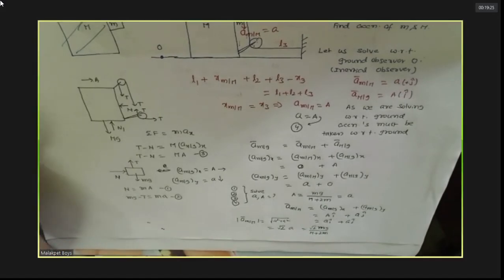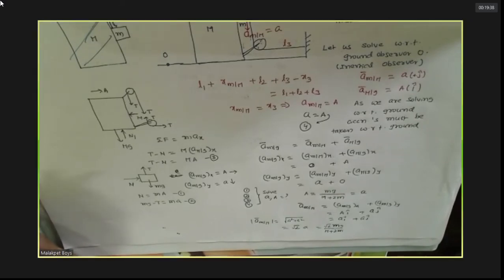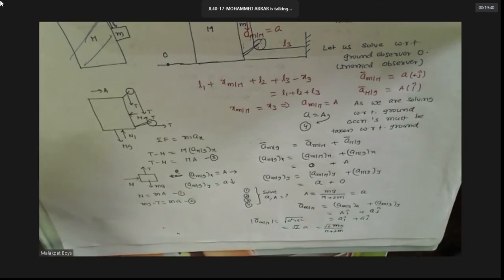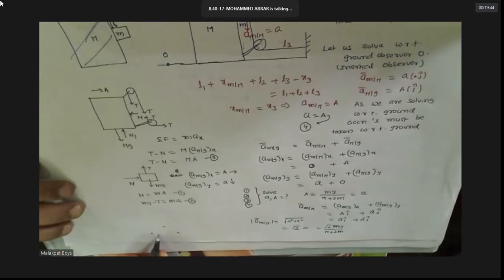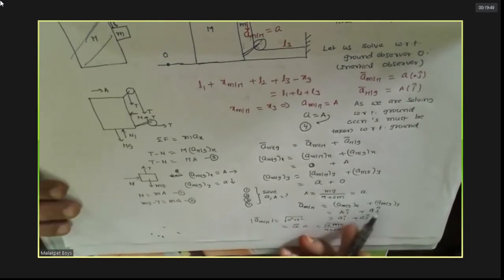Sir, we have to find that net acceleration also, sir. What net acceleration? Sir, the acceleration component is along only one direction, sir. Why, man? For what? This block has two components, no?